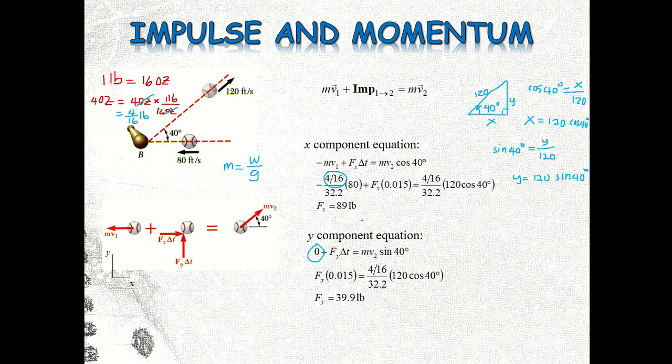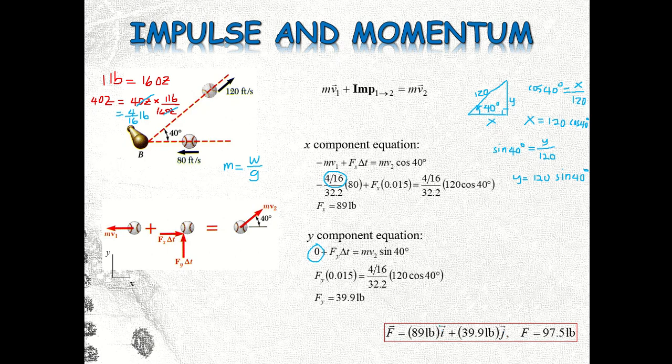To get f, we take the summation of the horizontal and vertical components, the x component of the equation and the y component of the equation. This is a vector force, so we have the i component, the horizontal, and the j component, the vertical.